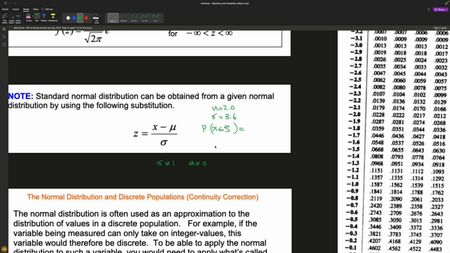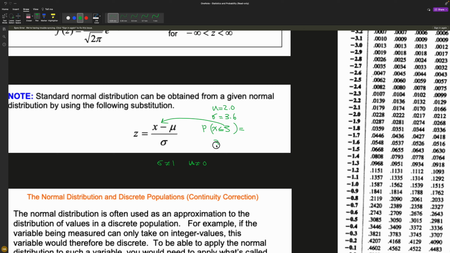Now, I don't give you a function. You're like, well, you didn't give me a function to integrate, so I can get the area under the curve. So I can't do that. But I have these values that tell me the area under the curve for a standard normal distribution. So what I can do is take this x value and submit it in here.